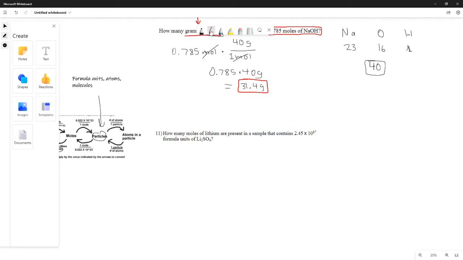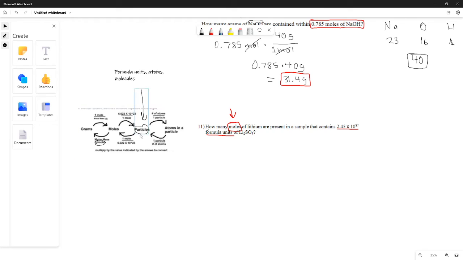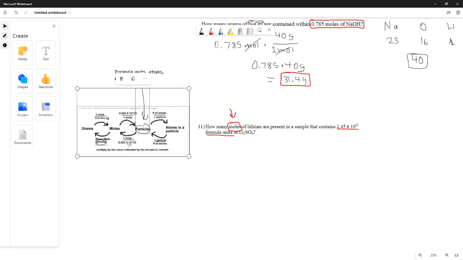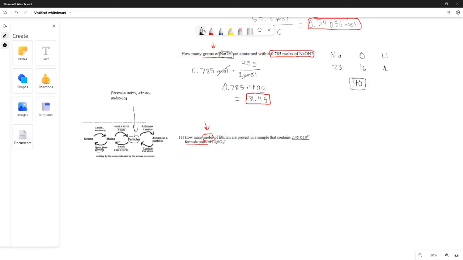So in this example, we were actually given the formula units, which we can just denote as particles. And when we want to find how many moles, this is what we're looking for. So to get to that, we have to go this way and multiply 1 mole over Avogadro's number, which is 6.022 times 10 to the power of 23. So you're given 2.47 times 10 to the power of 87.